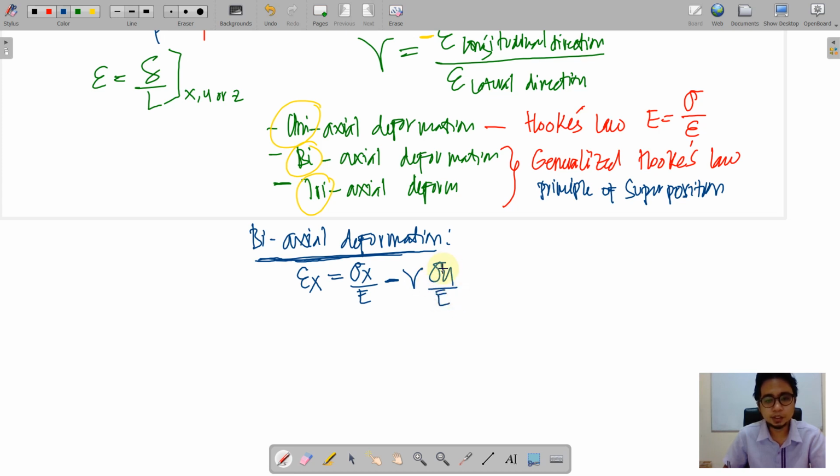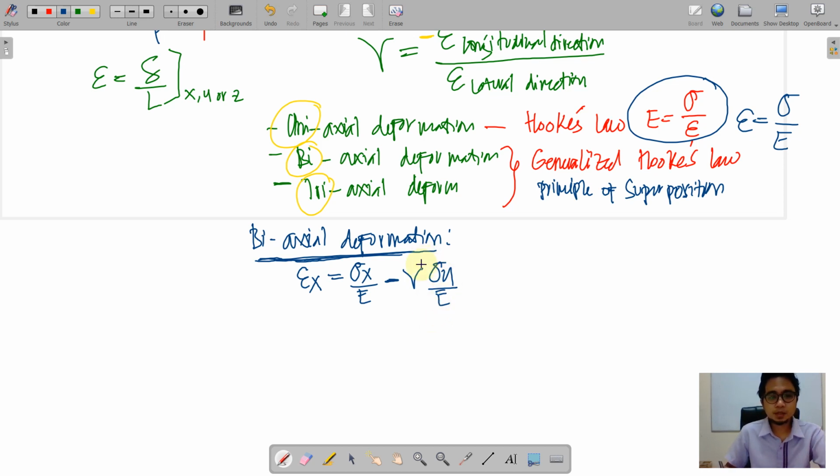And the strain of y is given by this one. Okay, sigma over E. So saan galing to? To galing yan sa Hooke's law. This came from the Hooke's law, wherein we can interchange that one by cross multiplication. Strain is just equal to sigma all over E. That is why sigma all over E here is the strain along x deducted by the Poisson's ratio times the strain along the y-axis.